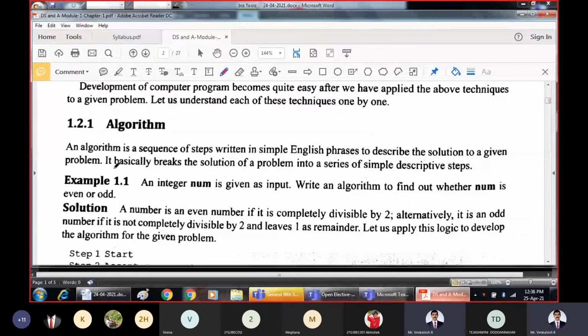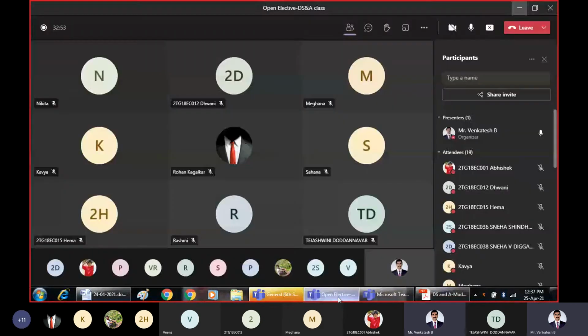And it basically breaks the solution of a problem into a series of simple steps. That is, whatever problem is given to you, you can describe that problem using smaller pieces, and finally you can combine all those pieces into a single entity.